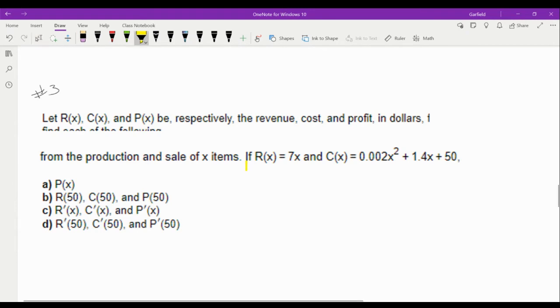So they give us r of x and c of x. The first thing they ask us to do is find p of x. And by now, everyone knows how to find p of x, right?